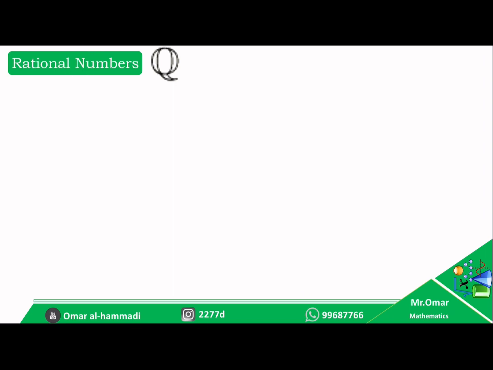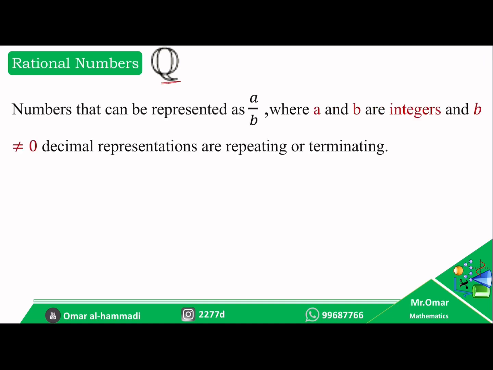Rational numbers. The symbol for this one is Q. And what do we have here, what does it contain? The numbers that can be represented as A divided by B. Any number we can represent as A divided by B will be a rational number, where, be careful here, A and B are integers.